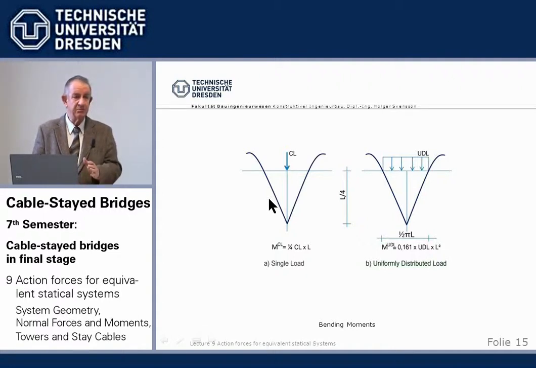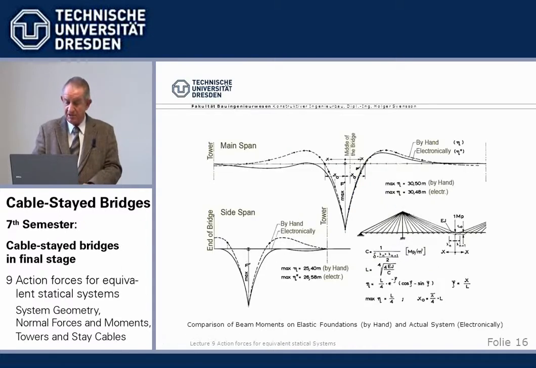Again, simple, isn't it? Now, you may say, well, how is that true? Well, I have here a comparison for the same cable stayed bridge. The influence line here, dotted lines, for a beam on elastic foundation, and the influence line calculated by computer, and you see there's no difference.